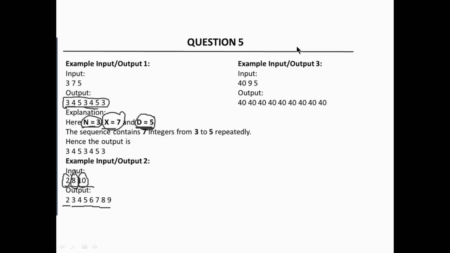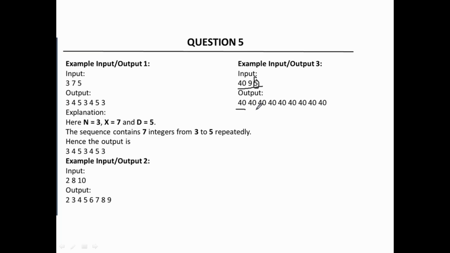Yes. Next, observe this one more. Example input specification 40 9 5. What is the starting value? 40. What is this difference value? 5. We cannot print up to 5 like this, as this is the smallest value.